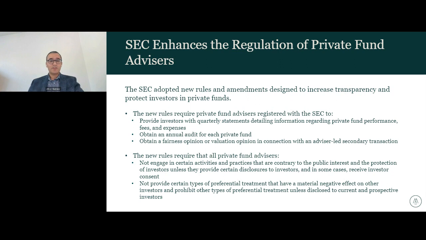The rule restricts all private fund advisors, including those that are not SEC registered RIAs, from engaging in certain activities and practices, regardless of whether their fund governing documents allow for such activities, unless they satisfy the specific disclosure requirement.